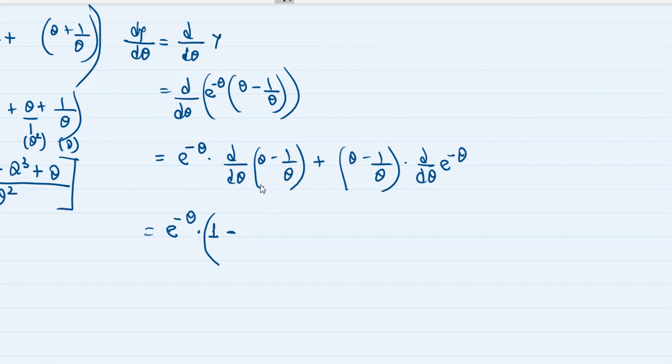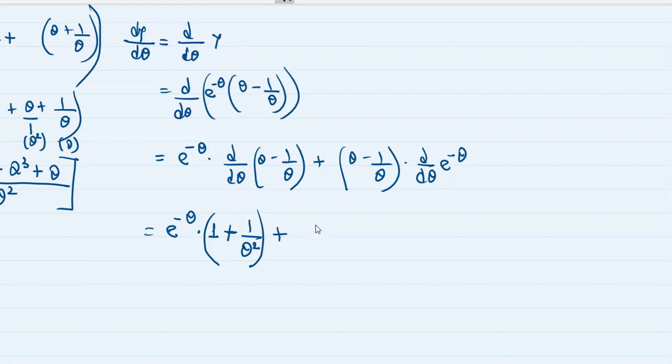So that is d by d theta of theta raised to minus 1, which is minus 1 times theta raised to minus 2, or minus 1 by theta square. So there is already a minus sign here, so it'll become plus 1 by theta square. That is the answer of this bracket, the differentiation of that bracket.